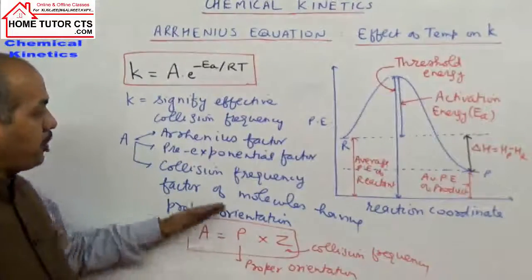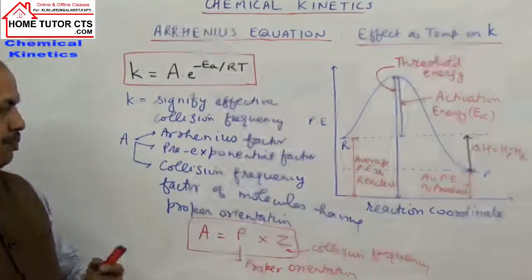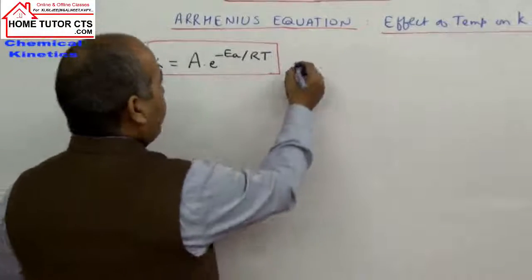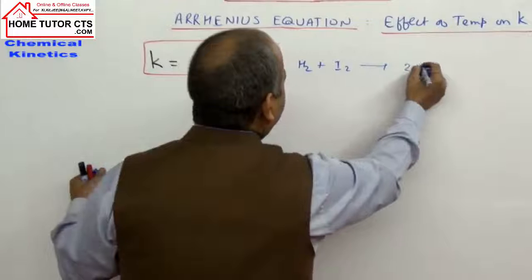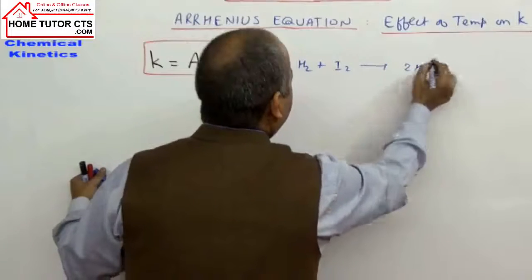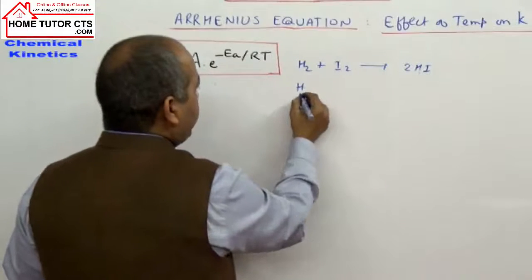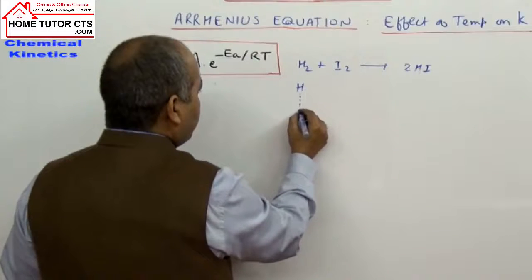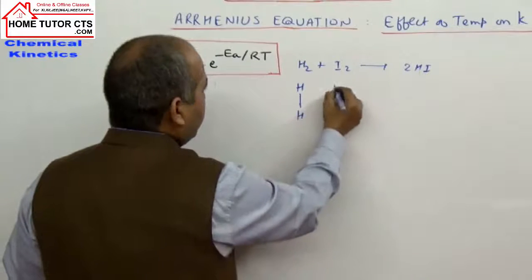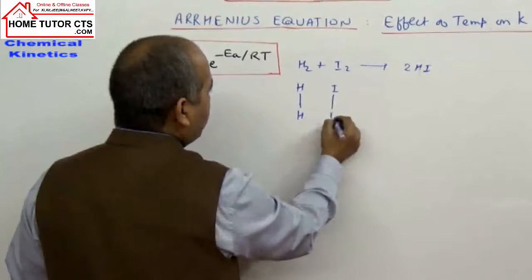What is the meaning of proper orientation? I'll explain to you. Let us take one reaction of H2 plus I2 giving 2HI. How does the reaction take place? If I write here the H2 molecule, this is the H-H bond, and this is the I2 molecule.